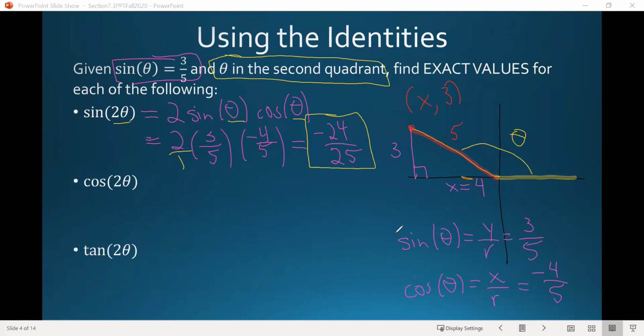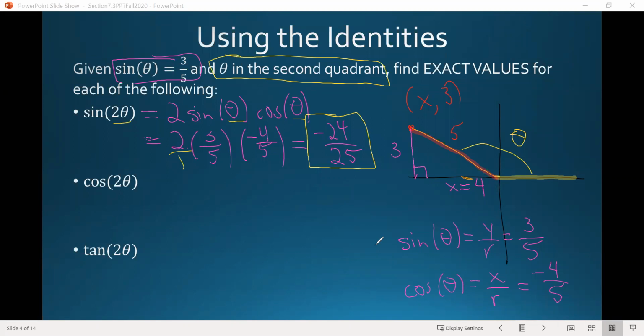All right, let's find cosine of 2 theta now. And if you recall from our previous slide, there are lots of options for what we can use for cosine. Cosine of 2 theta has 3 different sets of identities we can use. In this case, we could use any of them.